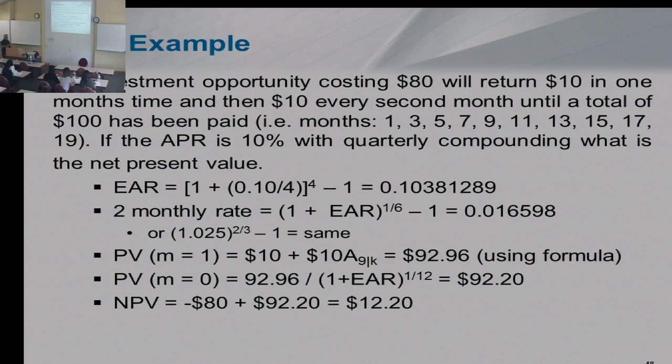And I get an NPV of $12.20. Yeah, as I say, you could have done that other ways and ended up with this.